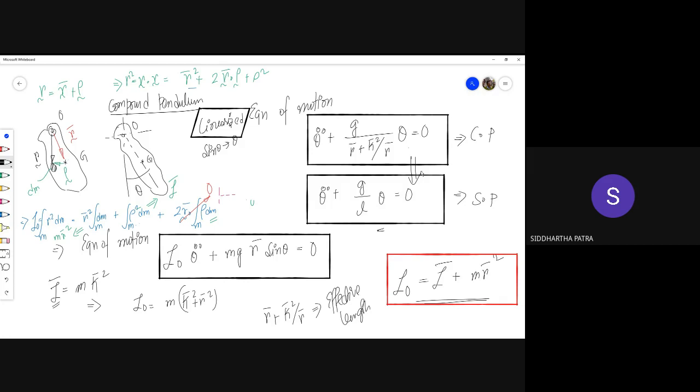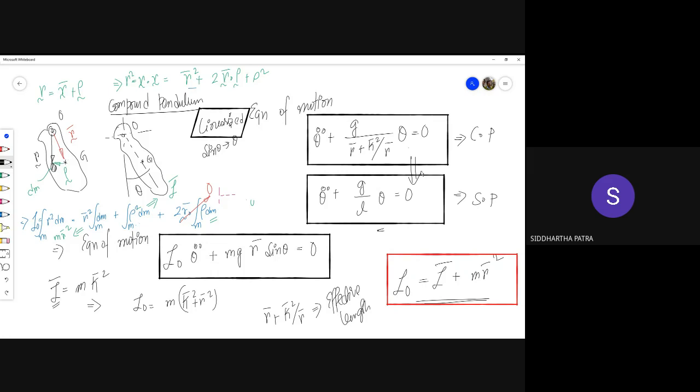If you have a compound pendulum in hand, the effective length, this quantity right here, suggests that your compound pendulum has the same dynamic property, namely the same natural frequency, as that of a simple pendulum whose length, for a simple pendulum there is just one length, the length of the string, is essentially this quantity right here.